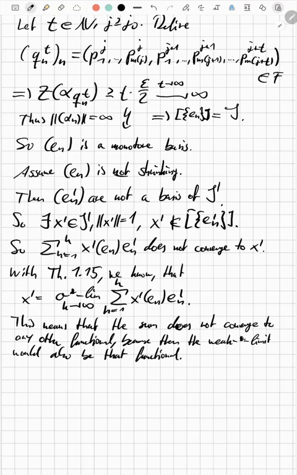But the weak star limit is x dash. So what we conclude is that this sum is divergent.